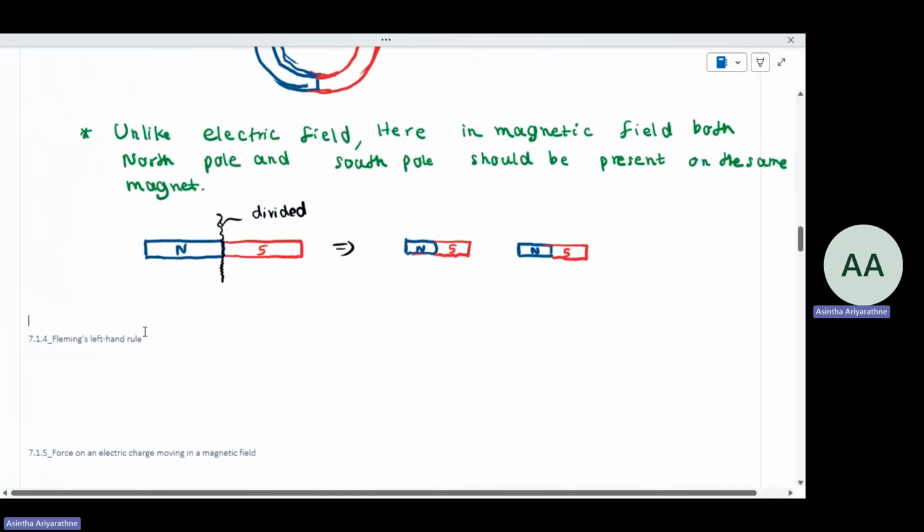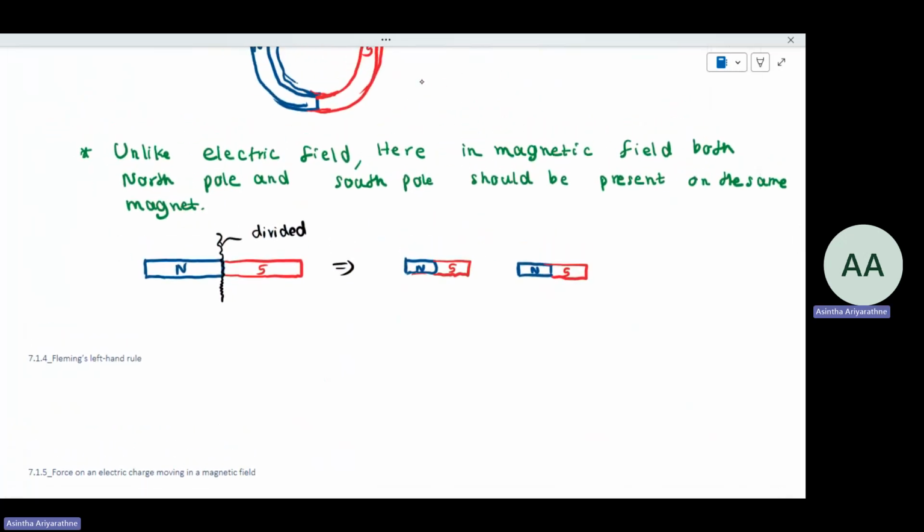And another thing about permanent magnets: when they are heated, the magnetic properties may be lost. That's some additional information.